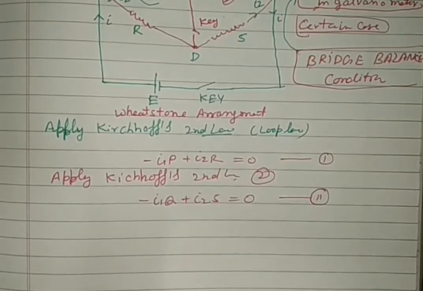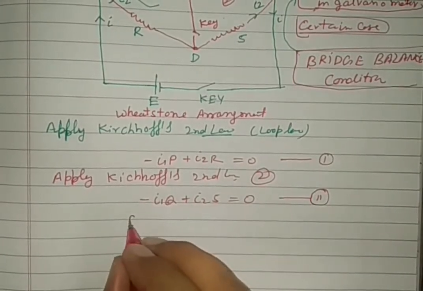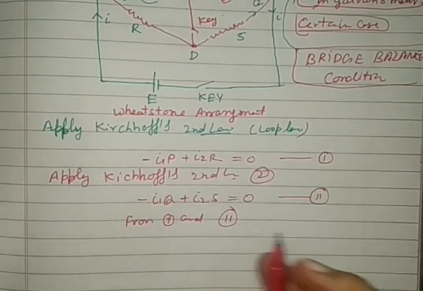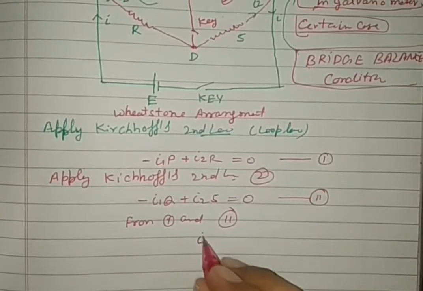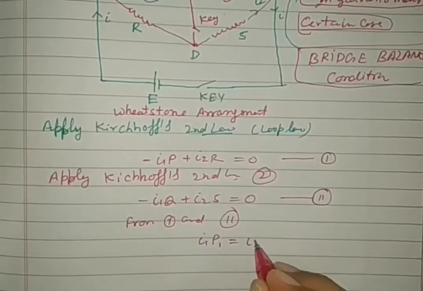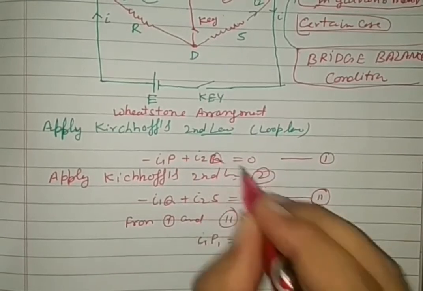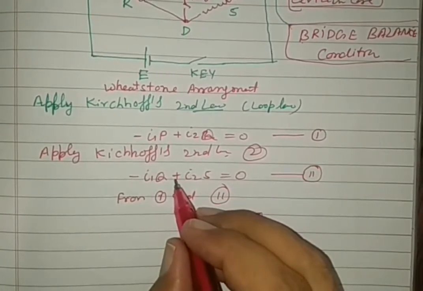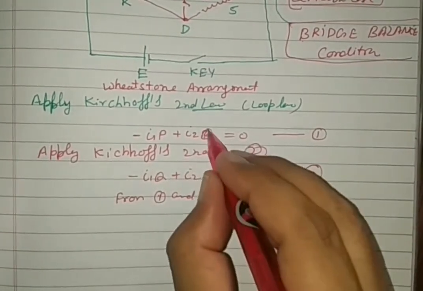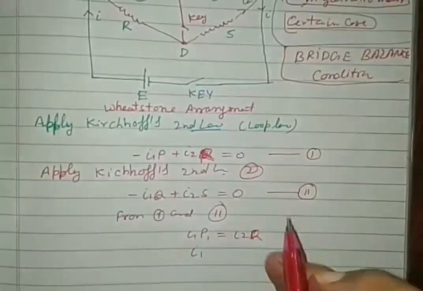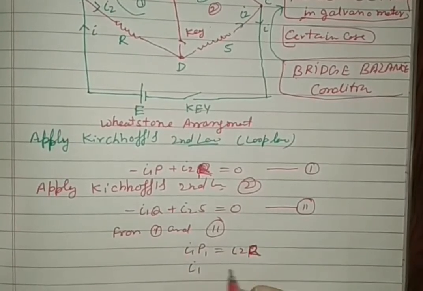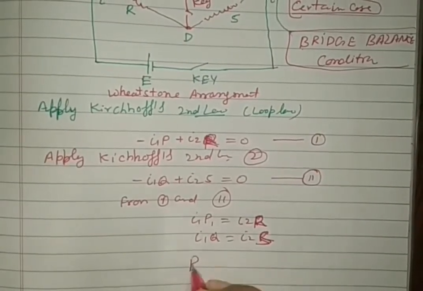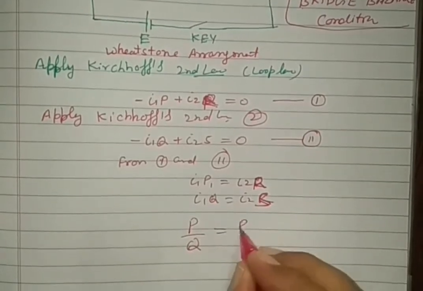So this is equation number 2. Now from equations 1 and 2 we can write I1P = I2R and I1Q = I2S. Dividing both, this implies that P by Q is equal to R by S.